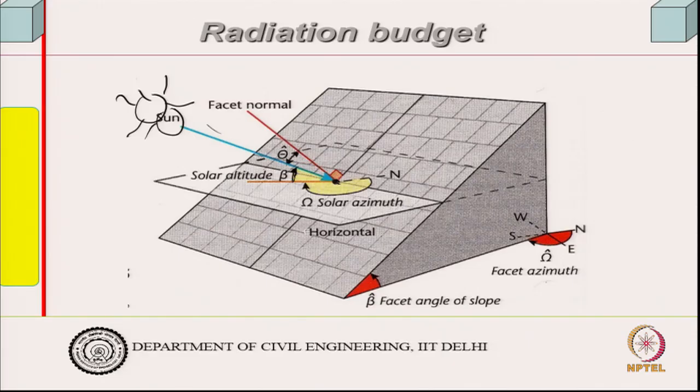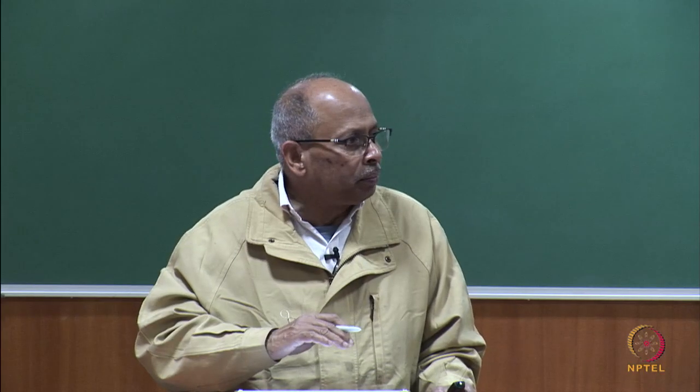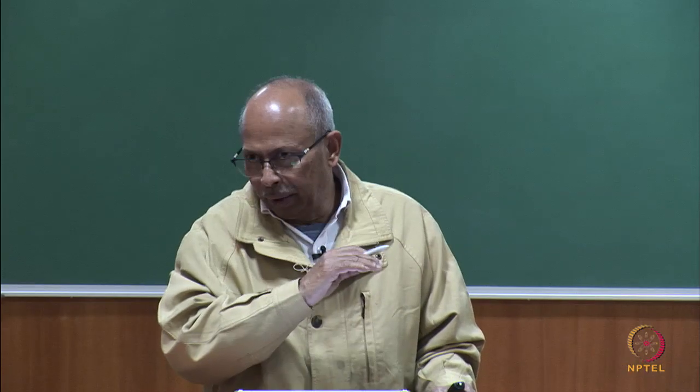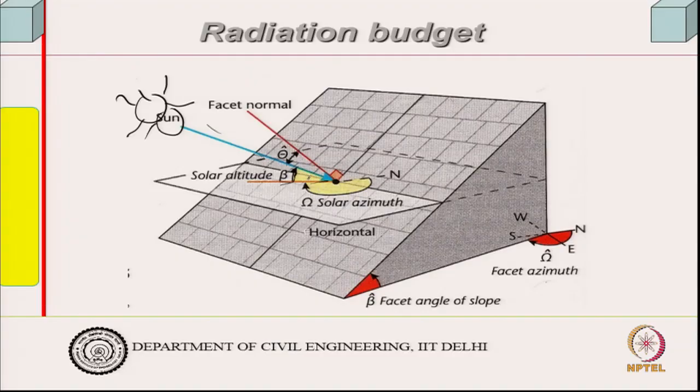This is the projection of the normal to the horizontal plane. So, the altitude angle is the angle between the sun ray and the projection on the horizontal surface, and this other angle we call the incident angle.